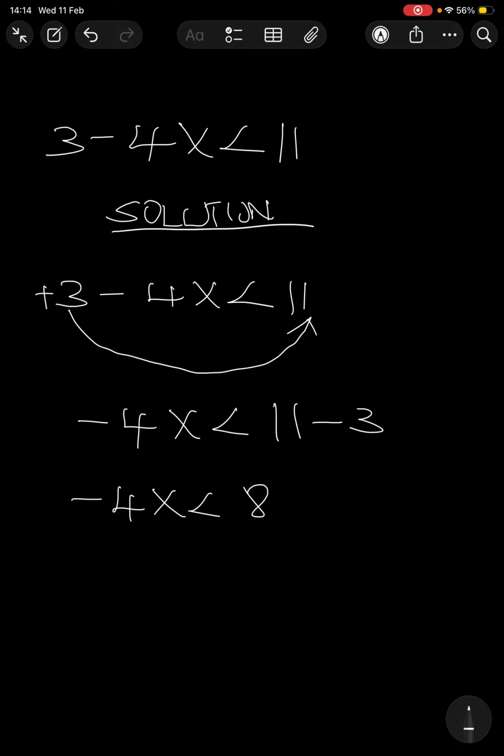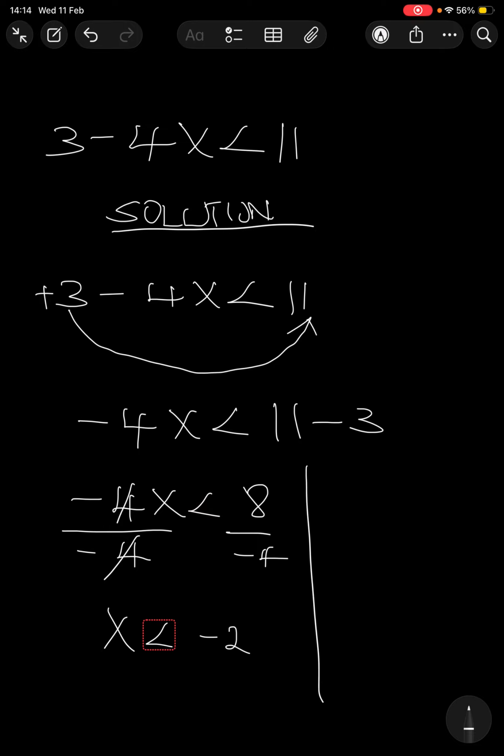Make x the subject. As you can see, I have to divide both sides by a negative number, that is negative 4 by negative 4. So x is less than negative 2. Then I have said, if you divide both sides by a negative number, you change the direction of the inequality sign.